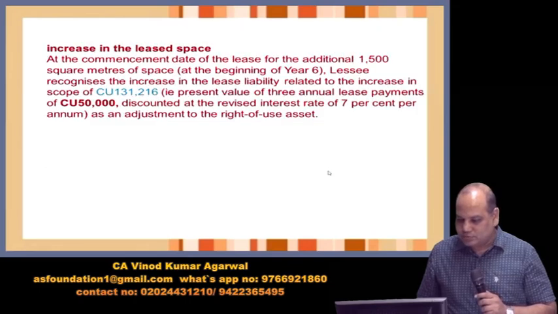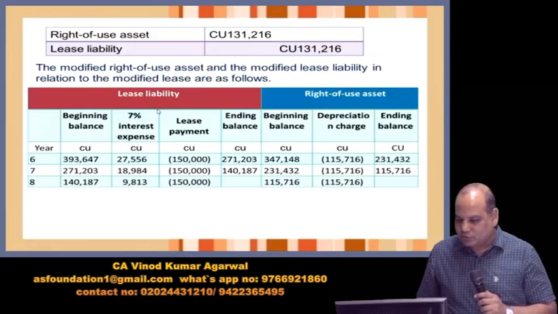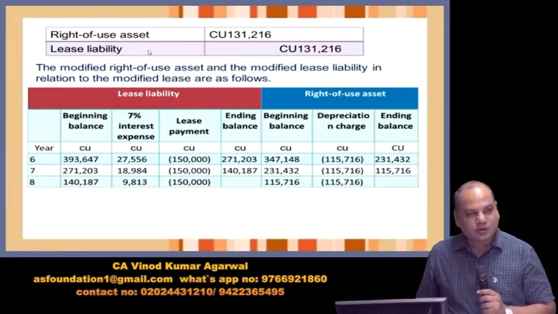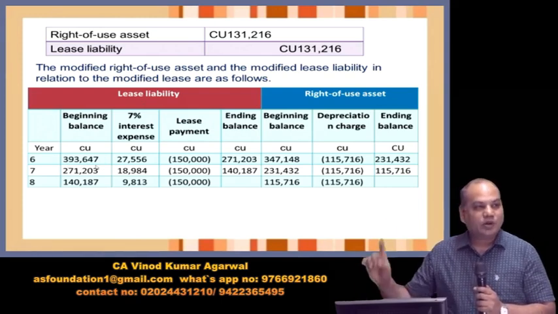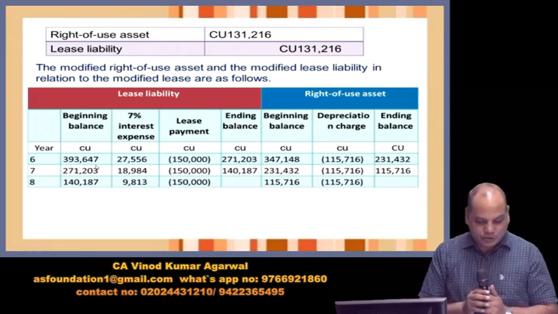One more entry for 131,216. Right of use asset account debit to lease liability 131,216. And after that, your lease liability balance will become 393,647. What we computed at the very beginning, just below the table.